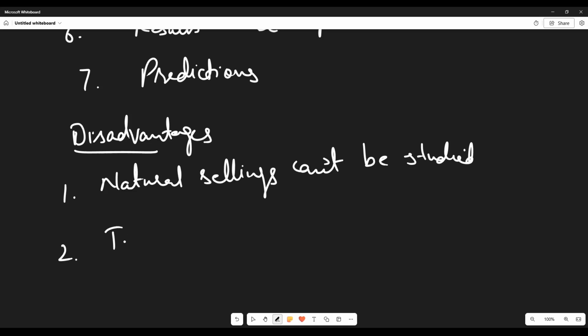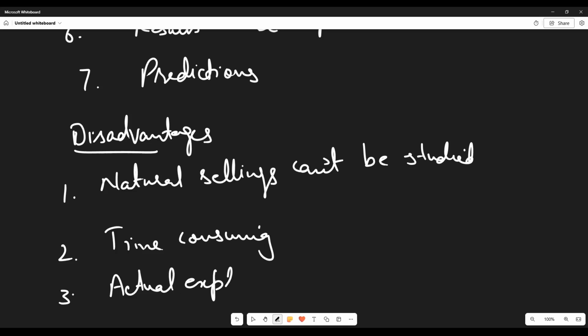It takes a lot of time and money. It does not provide an actual explanation of phenomena due to artificial environment.